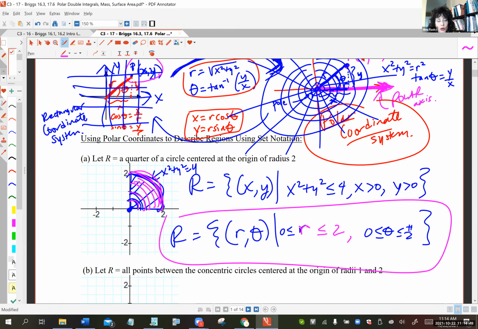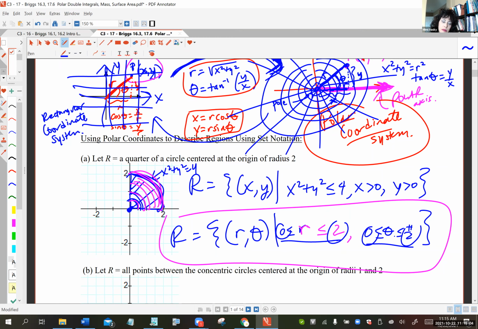Well, so what? What I want you to look at with these two curly brace notations is that the r and the theta, their limits are all pure numbers. Whereas it's not really true for x and y.